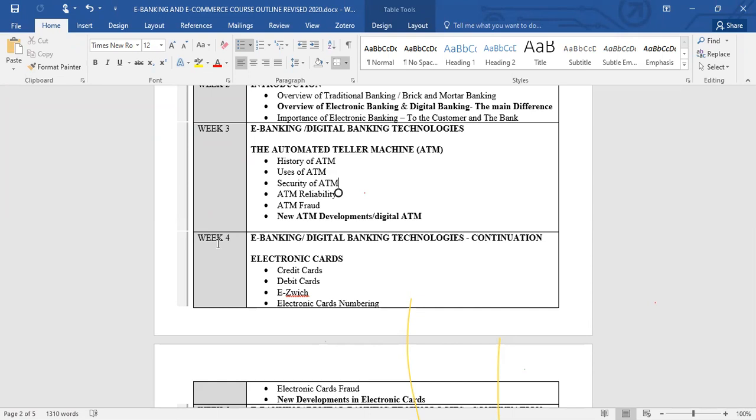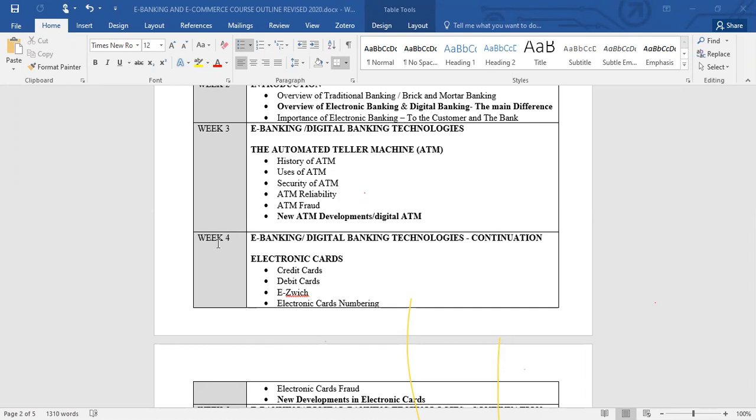We use electronic cards to access our bank account. We use electronic cards to make payments when it comes to electronic commerce. So electronic cards are very important electronic banking stroke electronic commerce technology that we will consider.